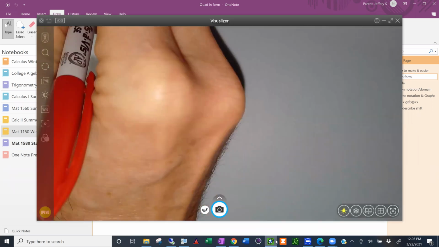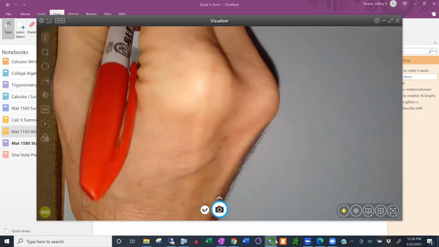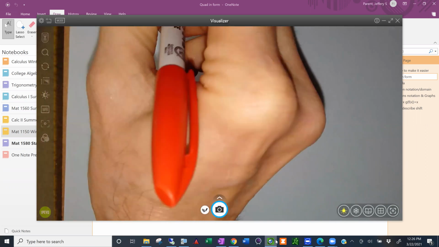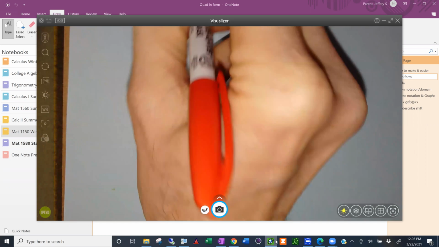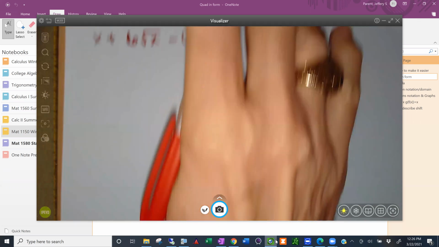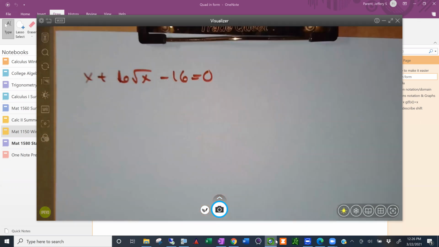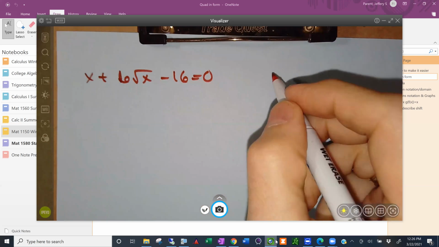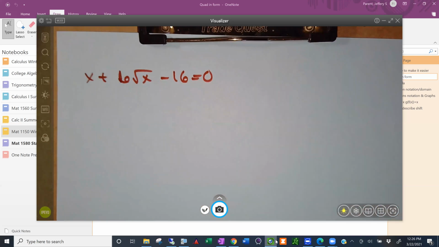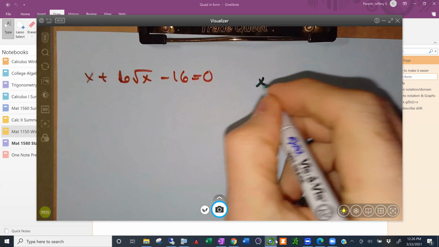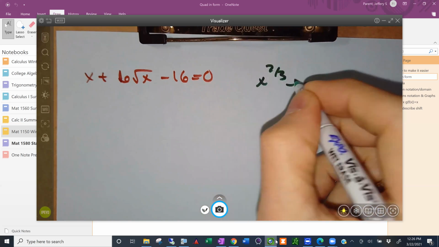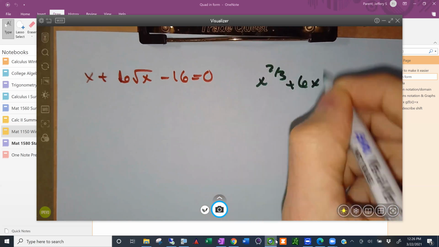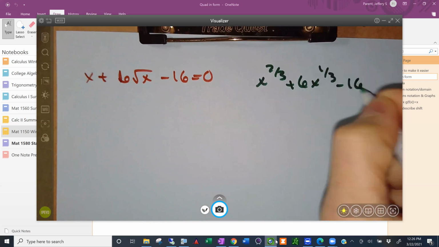On the one hand, I got x plus 6 times the square root of x minus 16 equals 0. And on the other hand, I've got x to the 2/3 plus 6x to the 1/3 minus 16 equals 0.